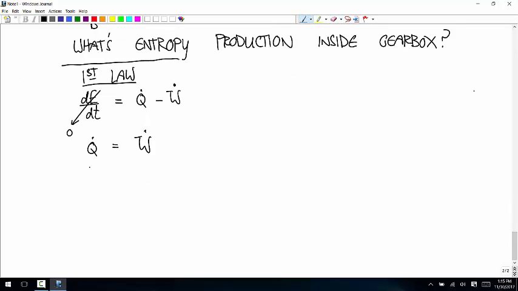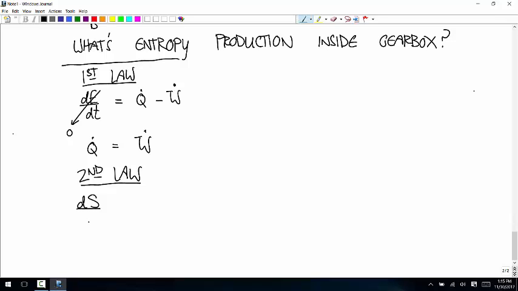And then the second law of thermodynamics says the change in entropy, I'm going to write this in the differential form.